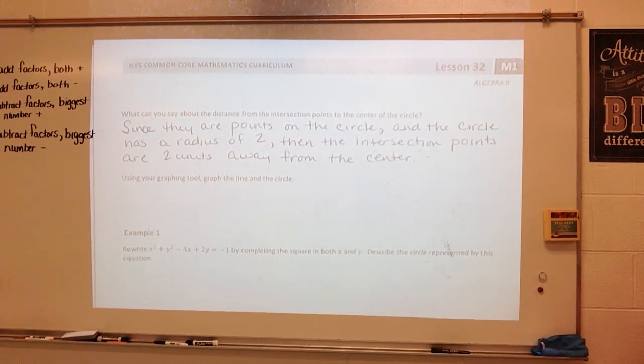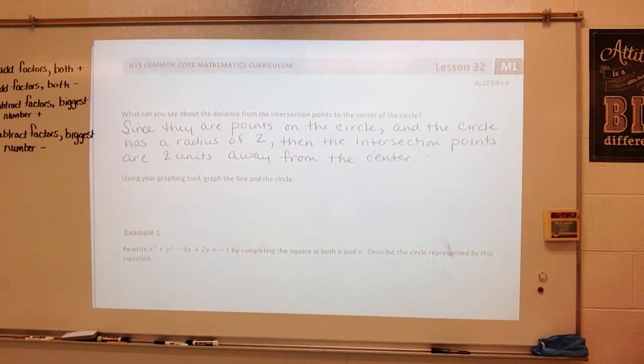Alright, when I do that, let me go ahead and hit Doc B. And we'll go ahead and graph these. So we get y is equal to 2x plus 2.